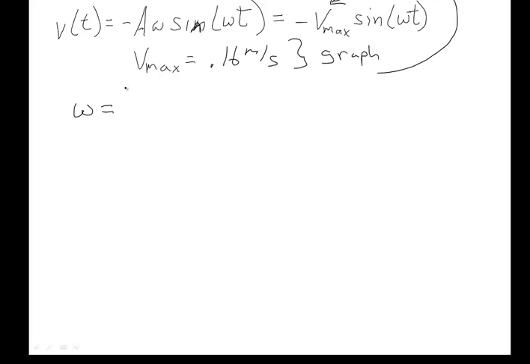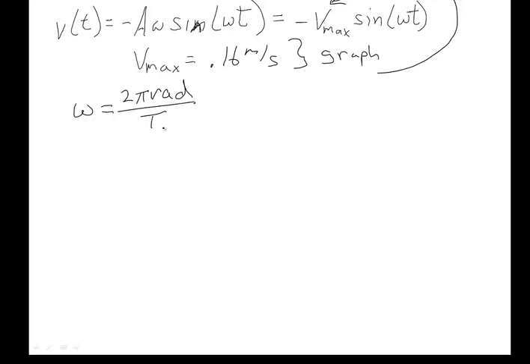Sometimes you'll also hear this as the angular frequency. So 2 pi radians over the period. And the period we're going to have to find by going back to the graph.